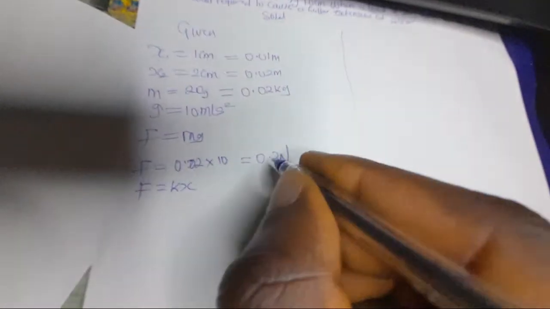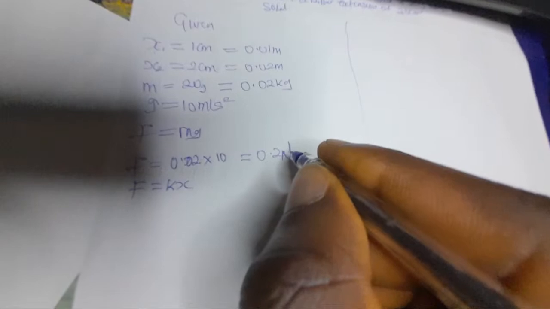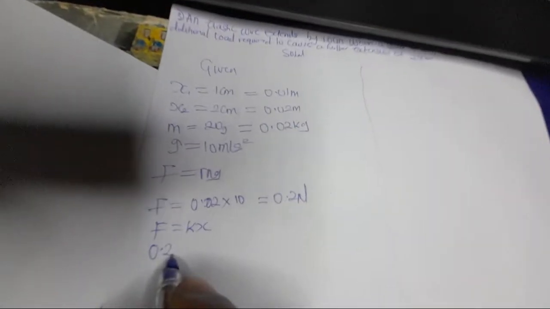Now the formula for calculating the spring constant in Hooke's law is given as F equal to kx, where k is the spring constant. Now substituting in the values, we are getting our F as 0.2 Newton. As I said earlier, I've calculated this using my calculator, but please also take your time calculating it so that you won't make errors as well.